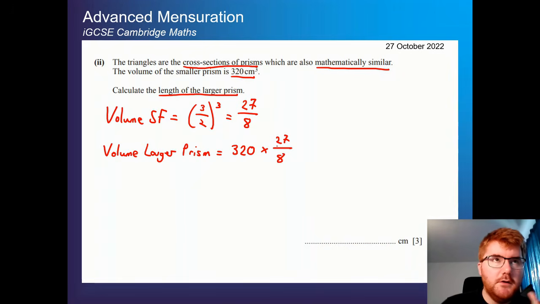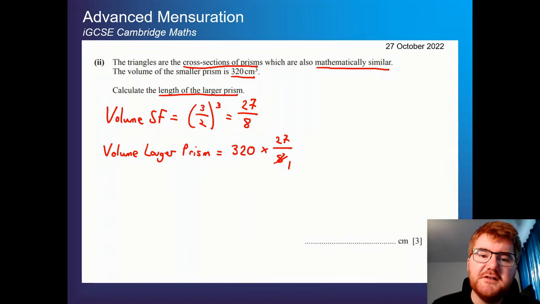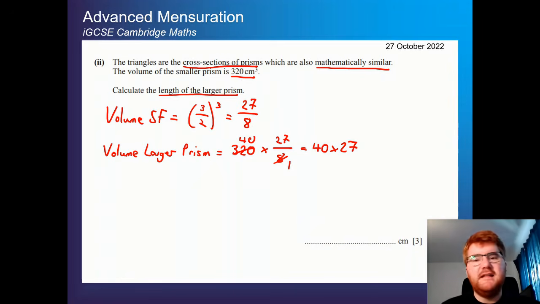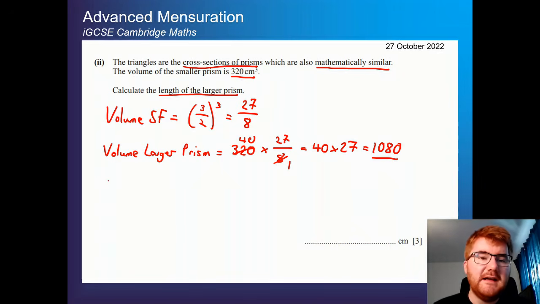Remember, going from smaller to larger here. Now, one thing to be aware of, got a bit of cancelling here. So 8s into 8 go 1. 8s into 32 go 4. So this becomes 40. And so we get the calculation of 40 times 27. Now, I'm just going to do this on my calculator here. It's a quick calculation. This is equal to 1080. Now, this is not the answer, but we can work out now the length of the prism.